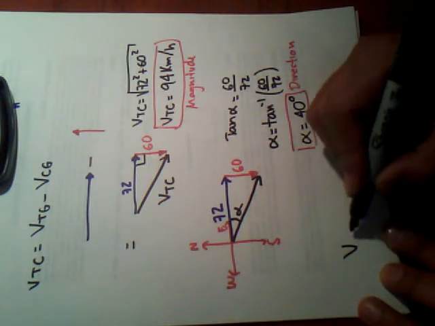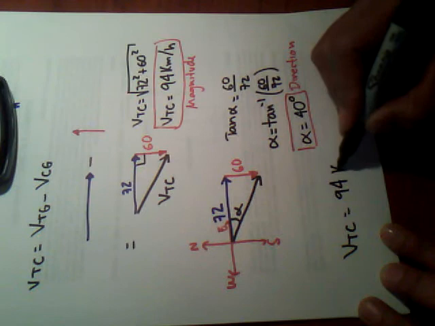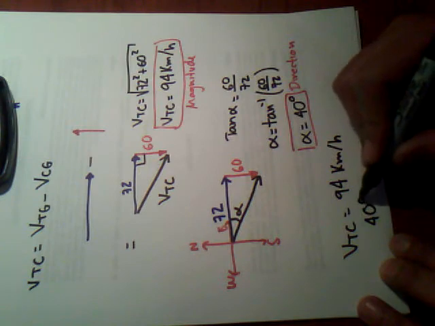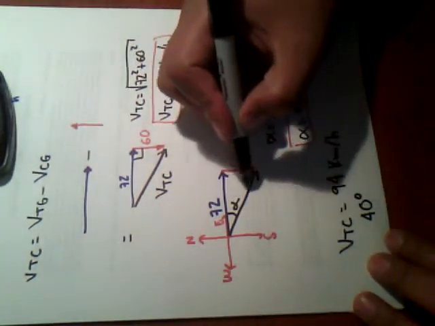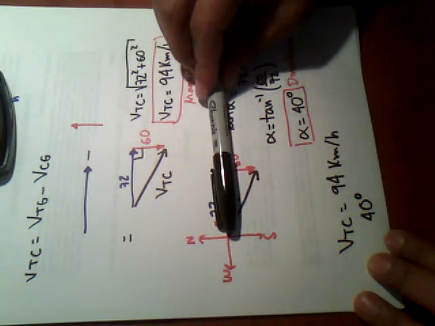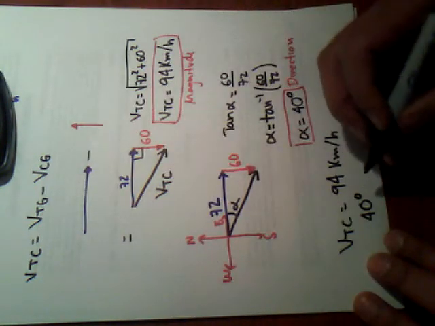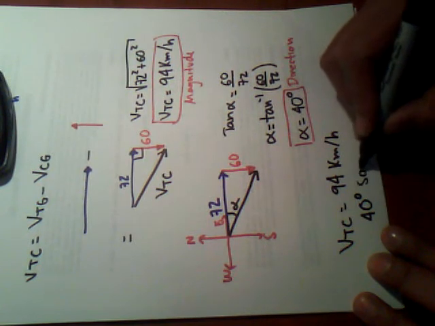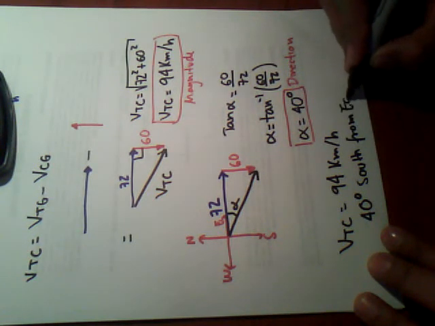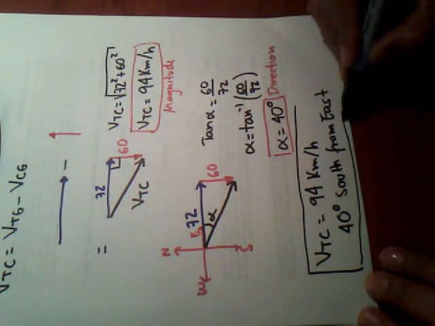So I'm going to say that the velocity of the truck relative to the car is 94 kilometers per hour, and the direction is 40 degrees south from east. So you can see that this is the east direction, and this angle is 40 degrees down. So the way we say that is 40 degrees south from east.